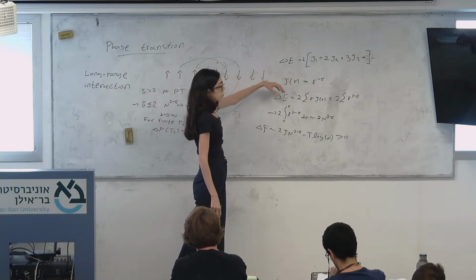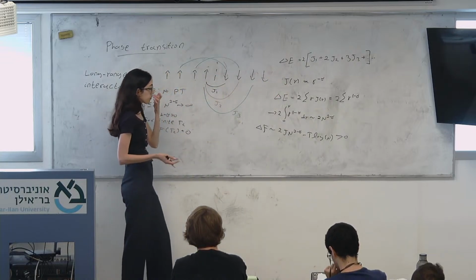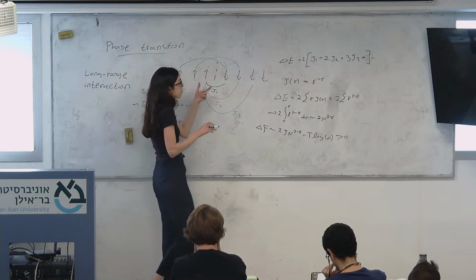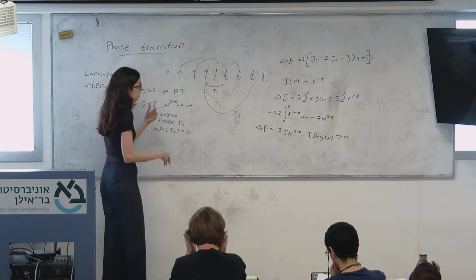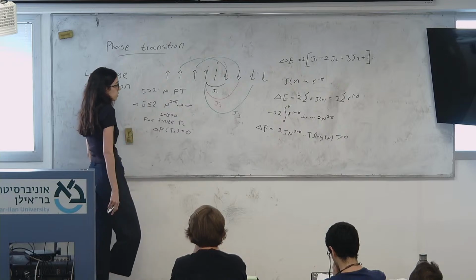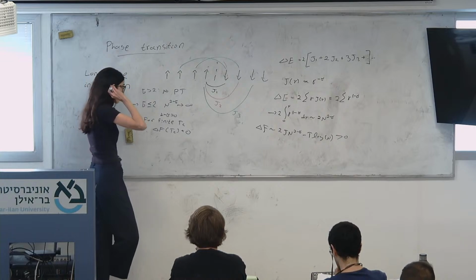So the interaction is going to be very strong, which makes sense because the stronger the interaction, it's going to cost us more from an energy perspective to keep the system in this disordered phase compared to the case where all of the spins had aligned in the same direction.